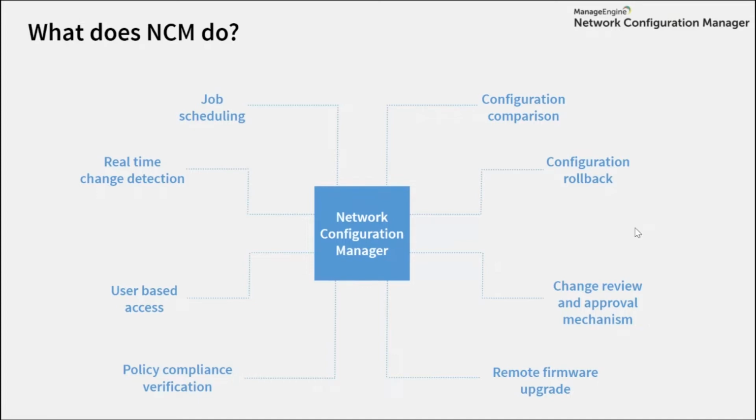You can ensure that any changes made to your critical devices like your firewalls or your core routers will be immediately rolled back to a trusted version of the configuration so that your network remains secure and stable. You also have a change review and approval mechanism, using which you can moderate all the configuration changes that your network operators or admins are trying to make on the devices that they have access to.